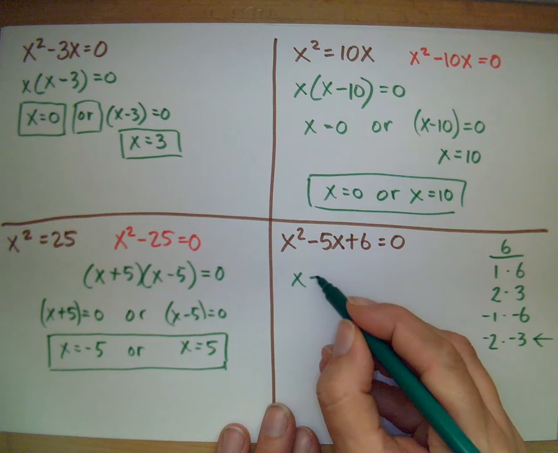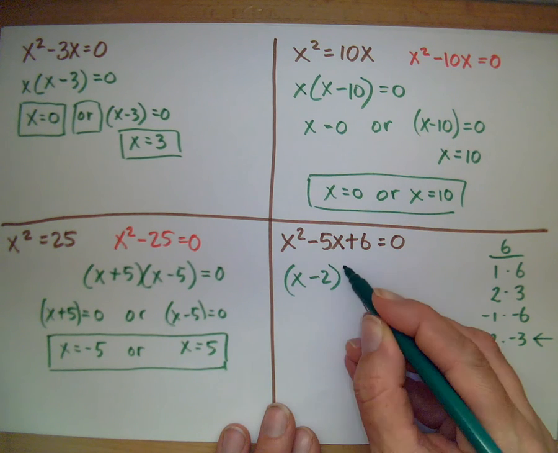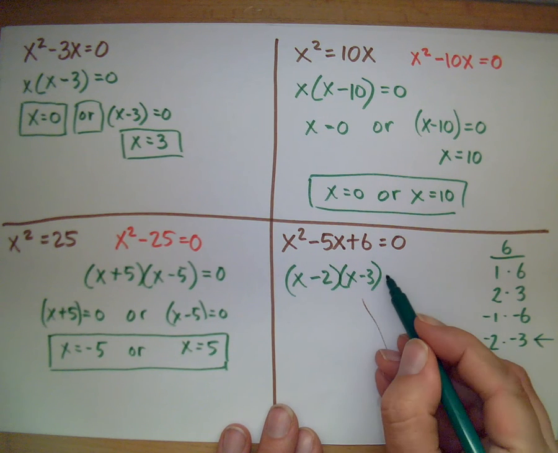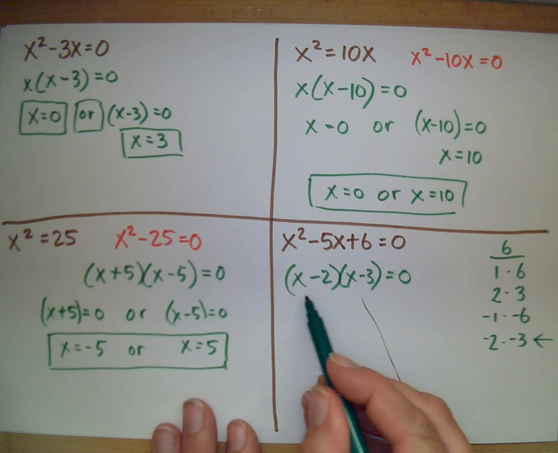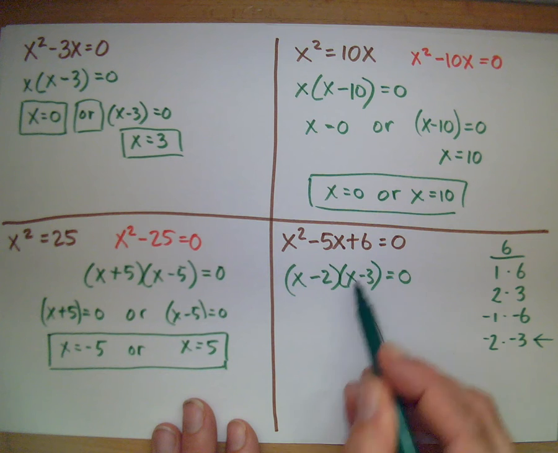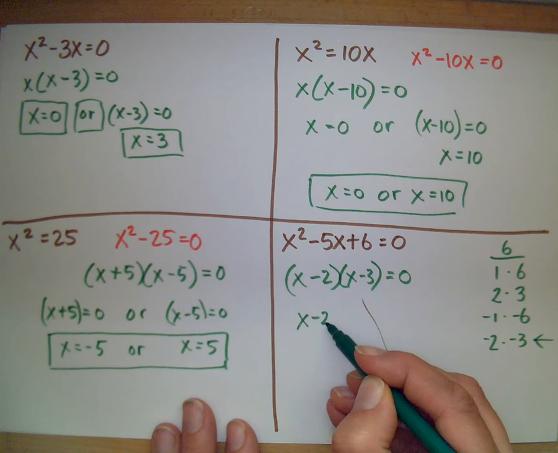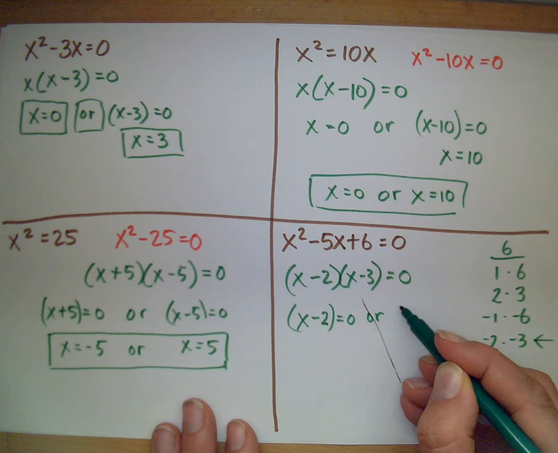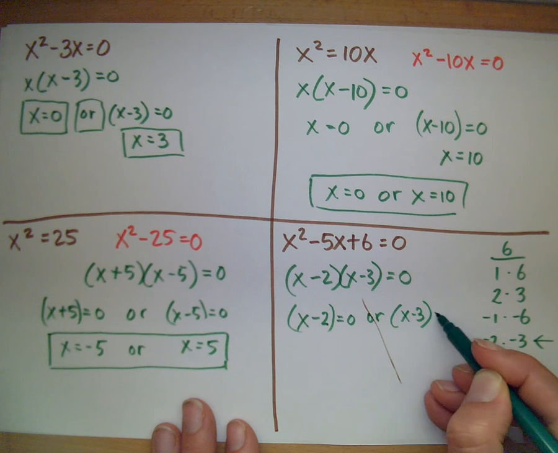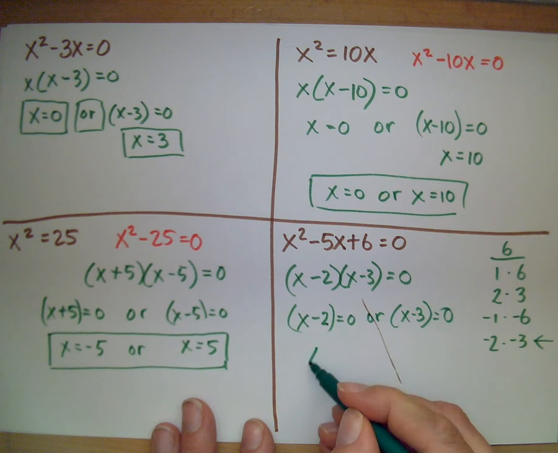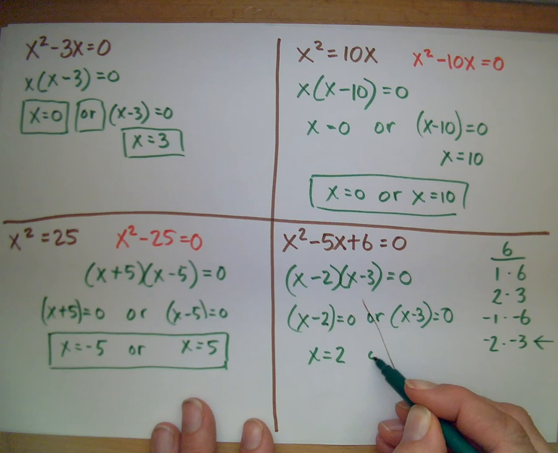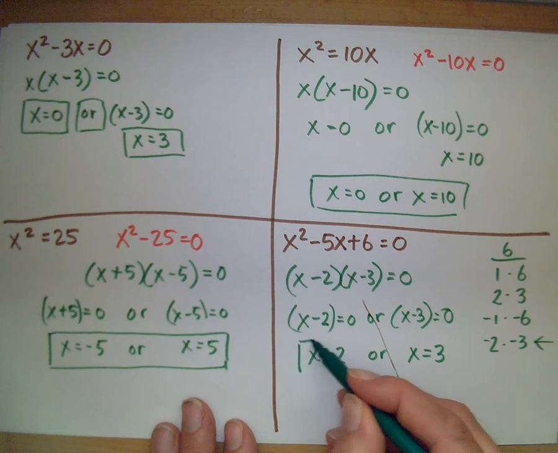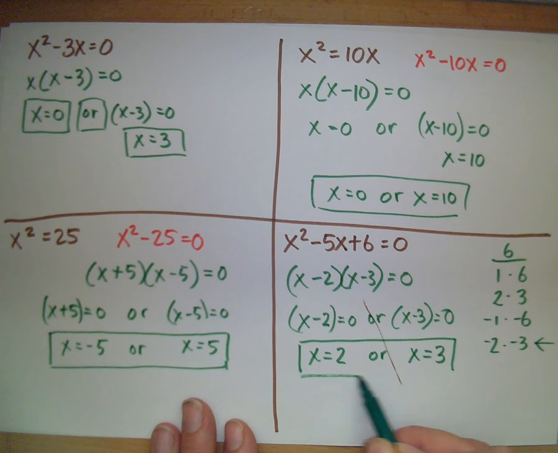So I'm going to put x minus 2 times x minus 3, right, is equal to 0. That means that either this factor or this factor is equal to 0. x minus 2 is equal to 0, or x minus 3 is equal to 0. That means that x equals 2 or x equals 3. And that is our answer.